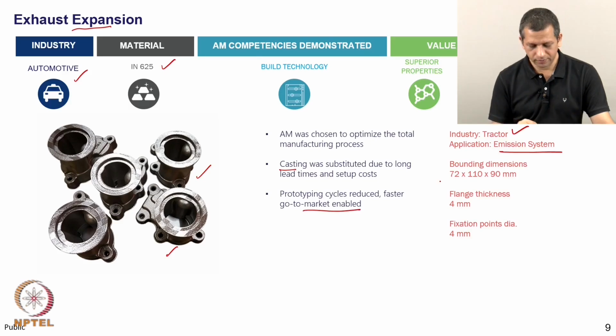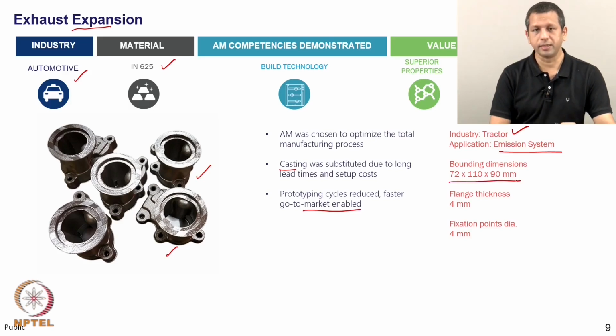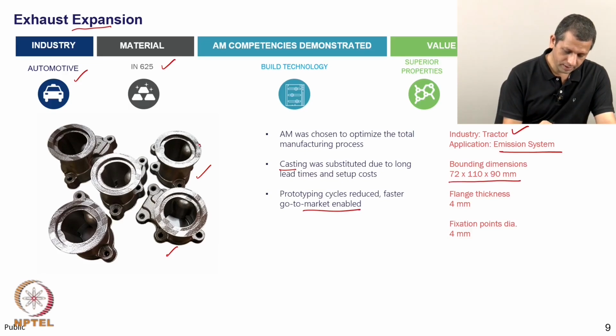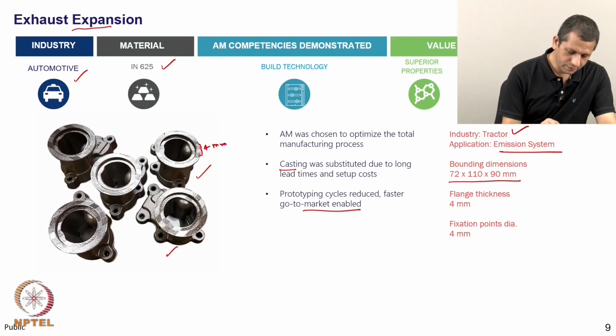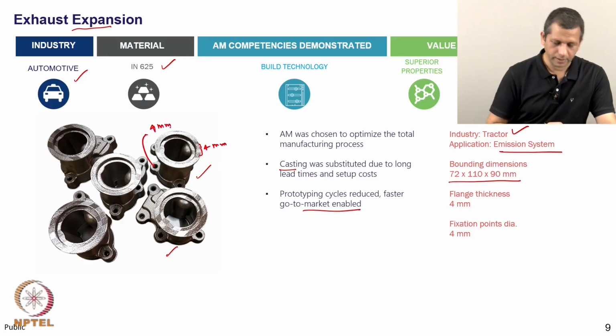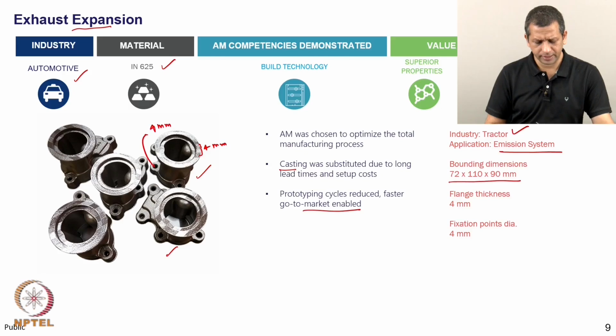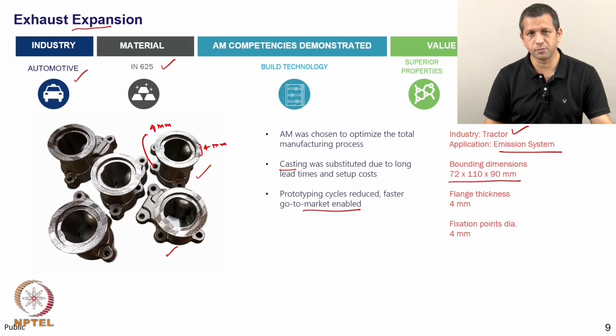The size of these components is approximately 70 by 110 by 90 mm. The flange thickness that is there in these components is about 4 mm, and these fixation points are about 4 mm dia. Right. So, we have fairly integrated geometry in this, but the manufacturing was possible using additive manufacturing.